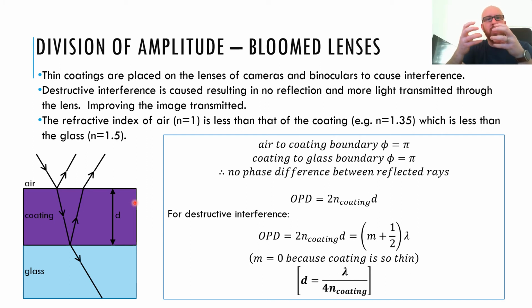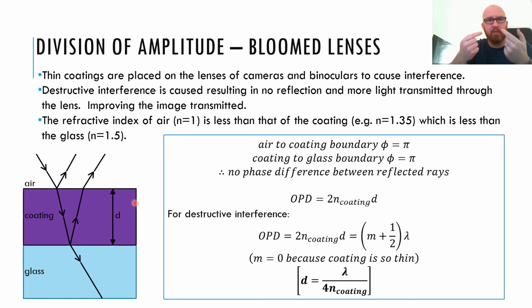You're also wanting to try and maximise the amount of light that comes through. So if the light is coming to my glasses, I want all that light, all the amplitude of that light to come into my eyes so I get a fuller image. What I don't want is any of that light to reflect back and then I don't see it, because it's taken away from the amplitude of the light coming in. So two aspects to it.